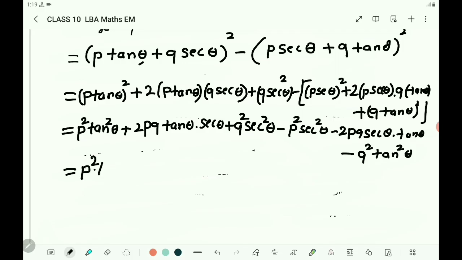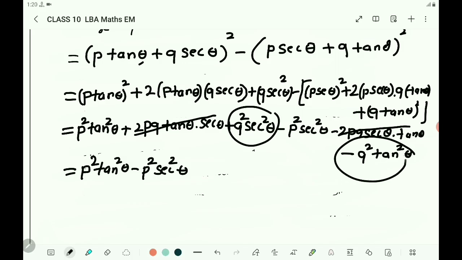P square tan square theta minus p square secant square theta plus 2pq tan theta secant theta minus 2pq secant theta tan theta cancels, and bring q square secant square theta minus q square tan square theta together.